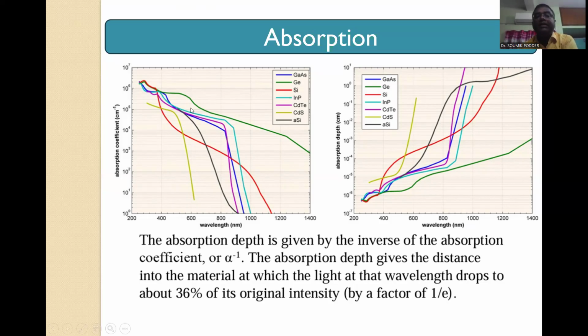Similarly, for germanium, less light will be absorbed to create the electron and hole.